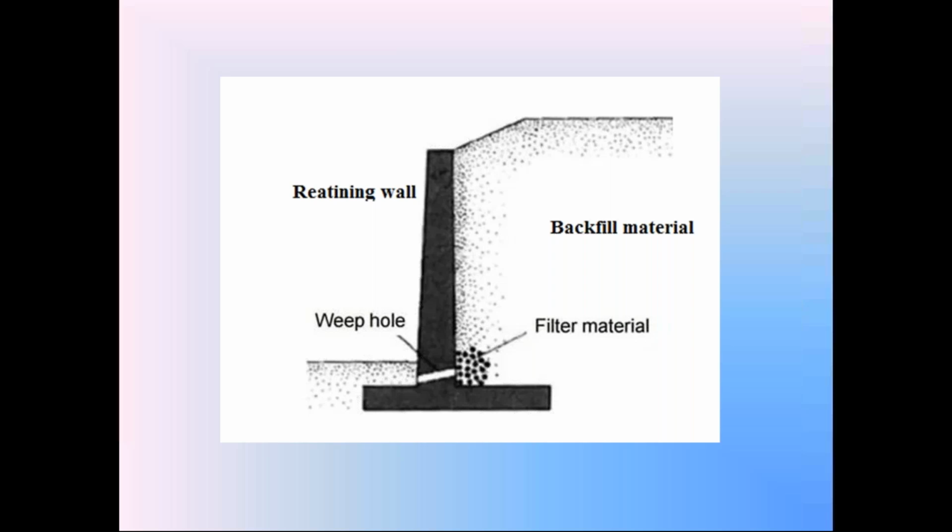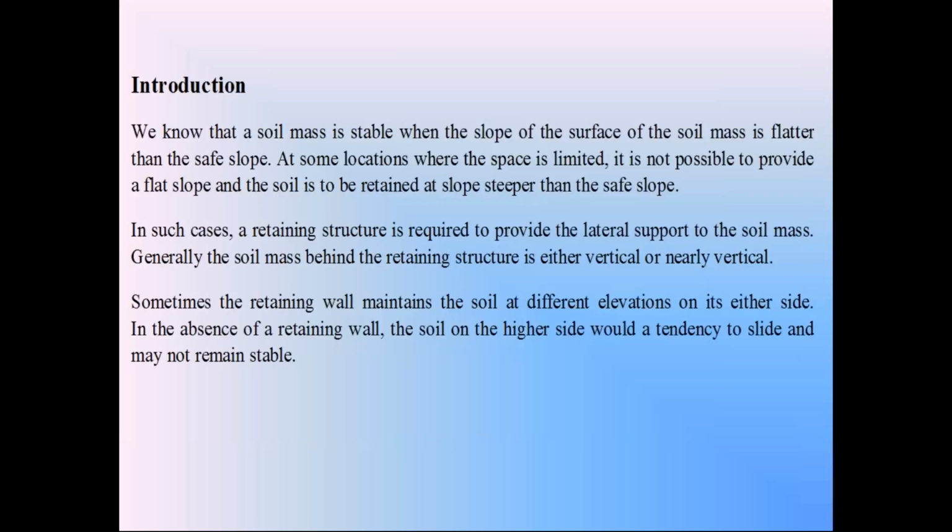With this, we are going to discuss the concepts in Unit 3. Coming to the introduction of Unit 3, check this introduction point by point. Normally, we prefer flat soil slopes. The soil slope is stable when it is a flat soil slope.